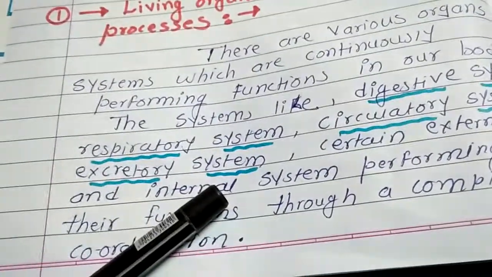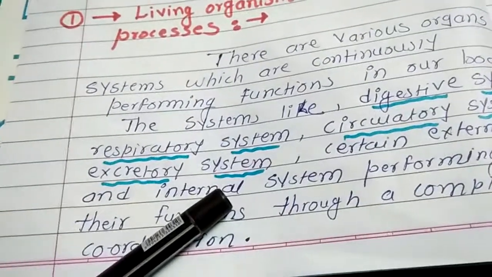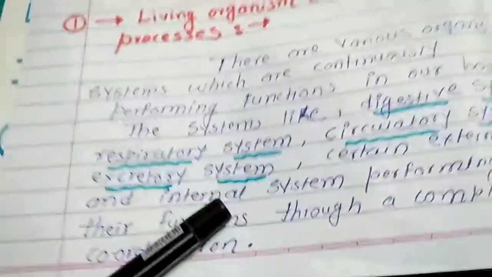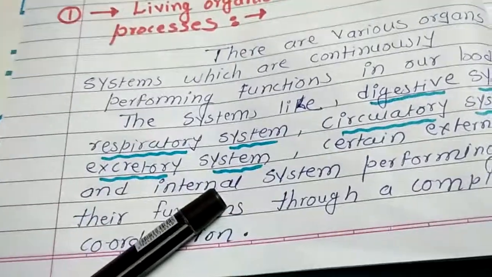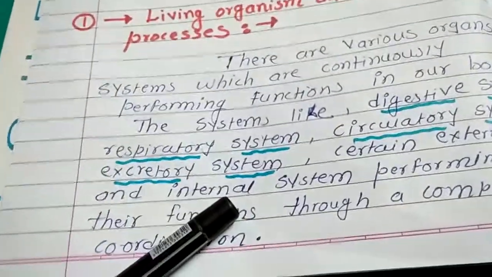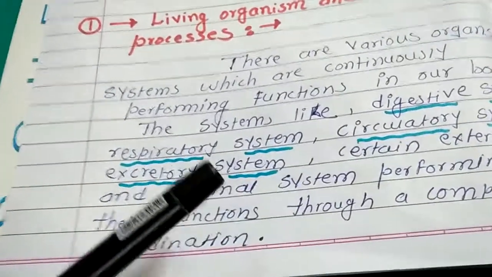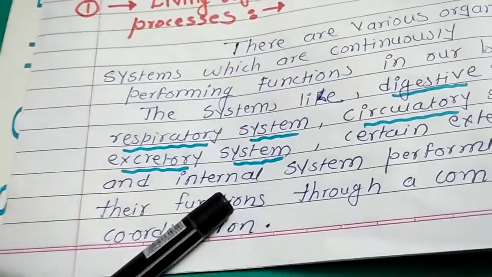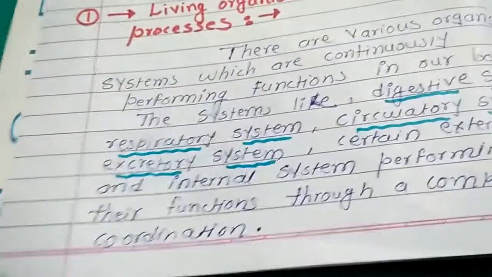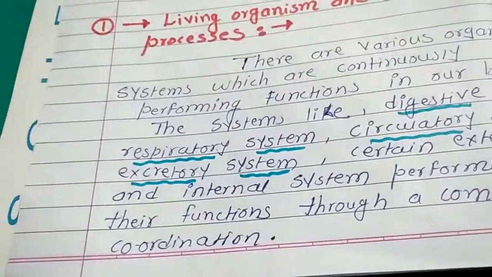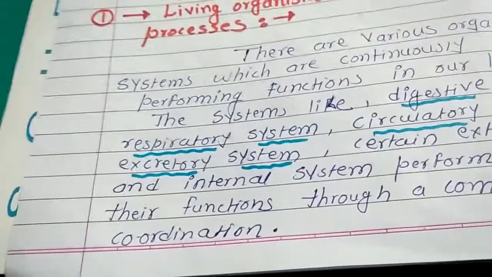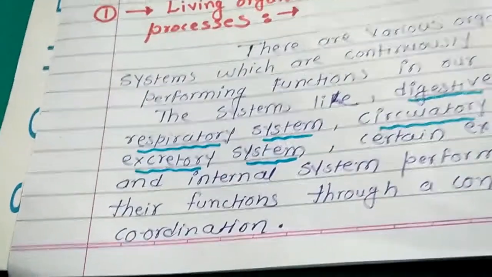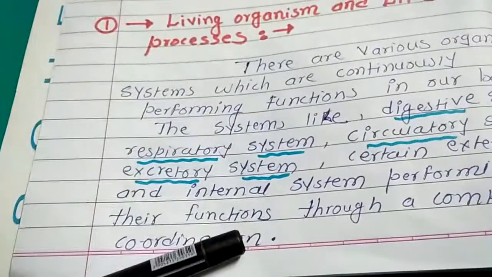All these systems continuously perform their work and require energy to do so. The nervous system, too, requires energy for its function, and therefore the body needs energy.